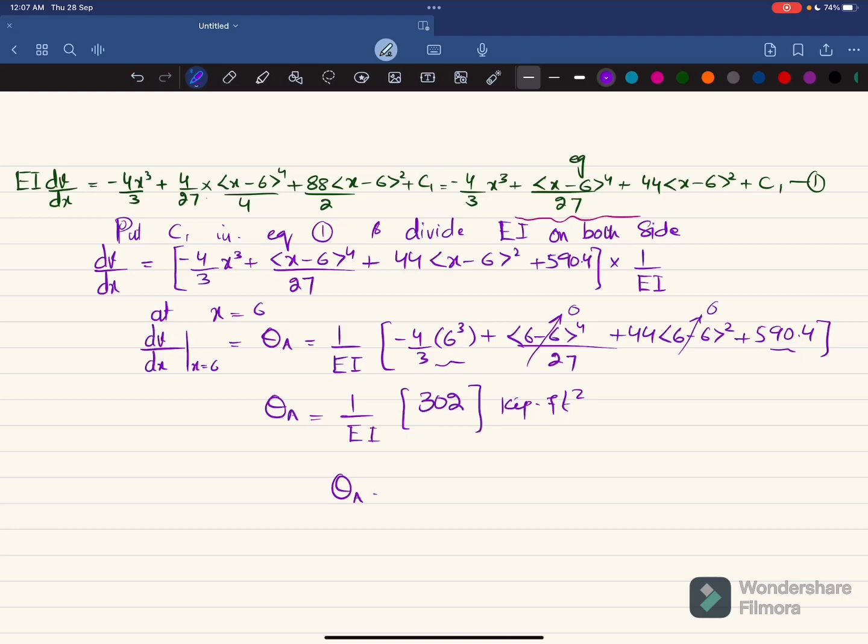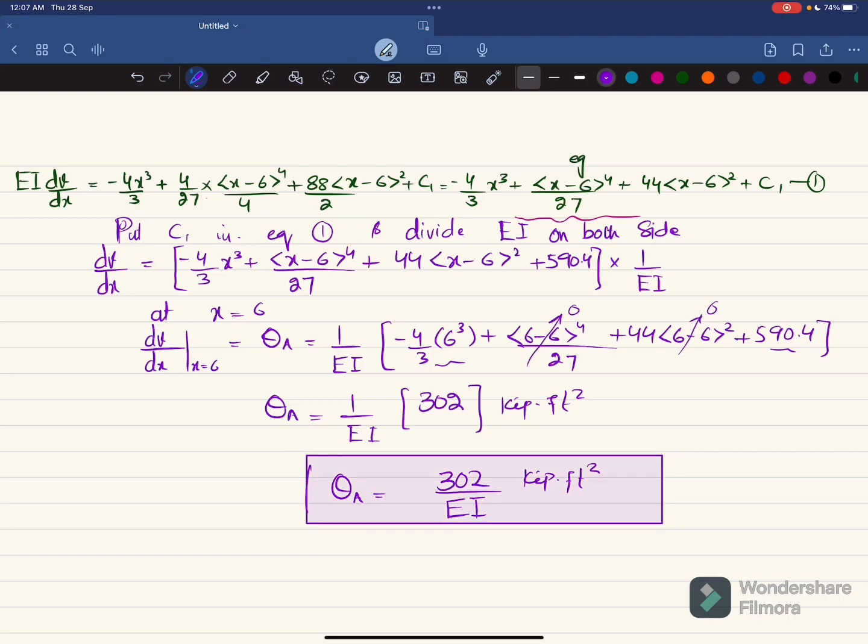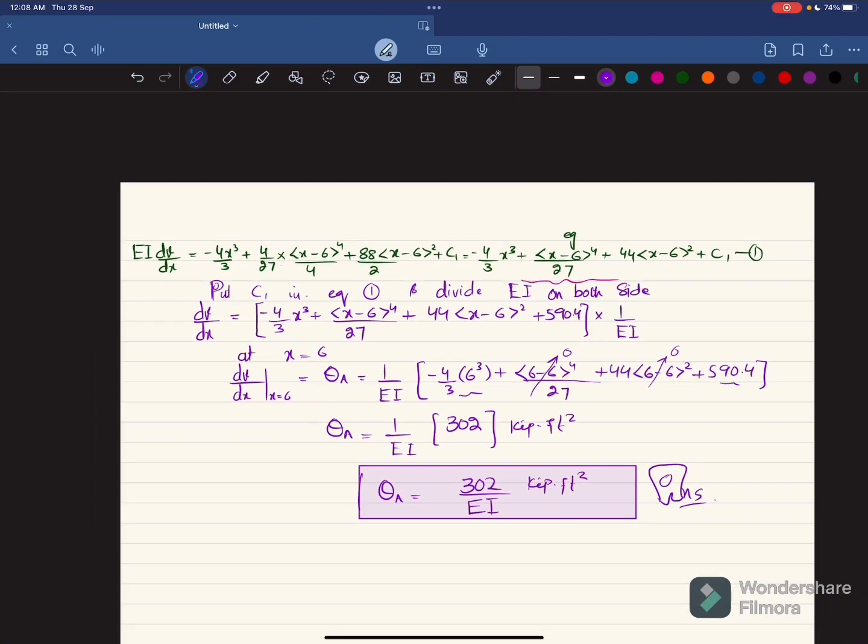And theta A, the slope at point A, is equal to 302 divided by E into I, kips into square feet. So this is the slope at point A, and that is the answer of our second part.